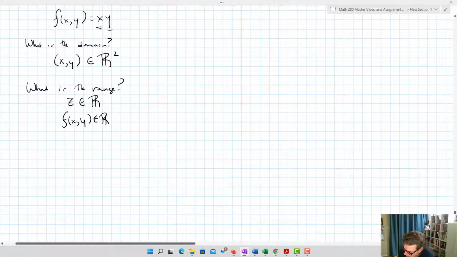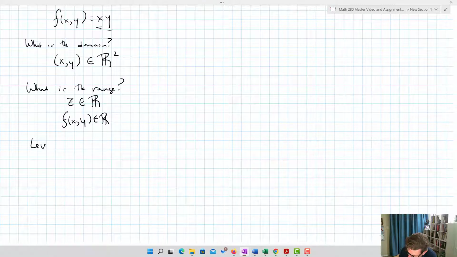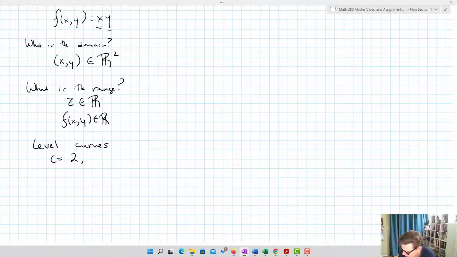Now, let's take a look at our level surfaces. Oh, not our level surfaces, but rather our level curves. And let's say we have c equals 2 and negative 1 and 1, okay?